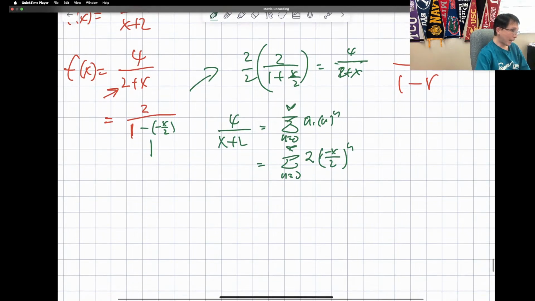Now if you write out the terms, it equals 2 times, because I can take out a 2 outside, 1 for n equal to 0, minus, n equal to 1 is what? x over 2, plus x squared over 4, plus x cubed over 8, minus.